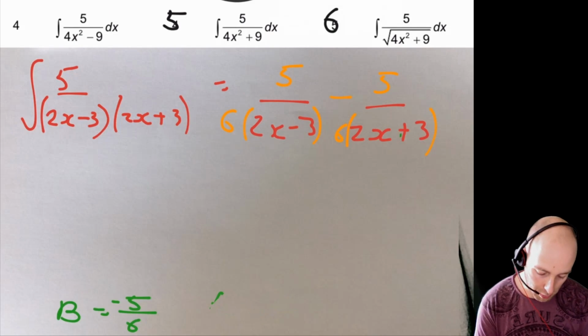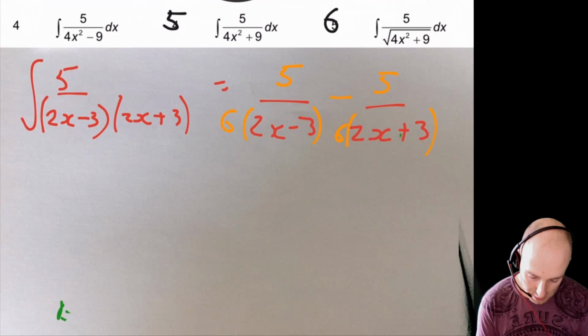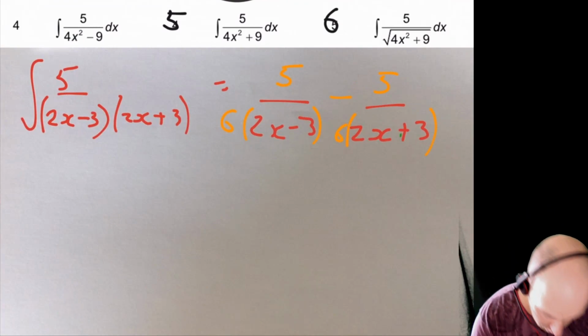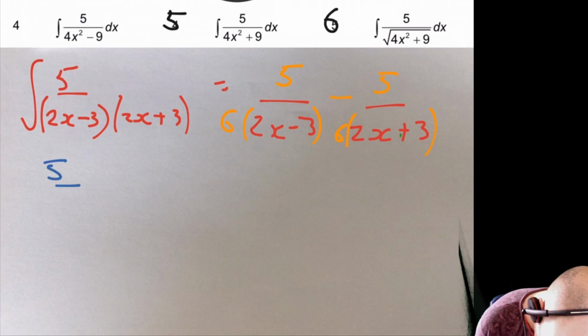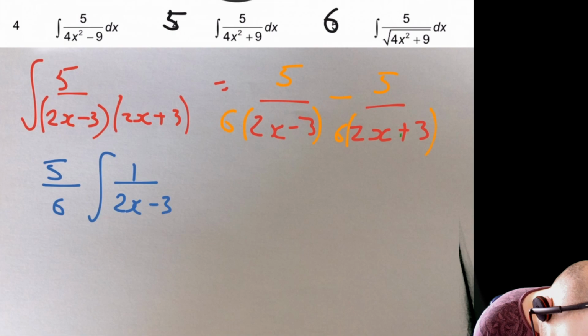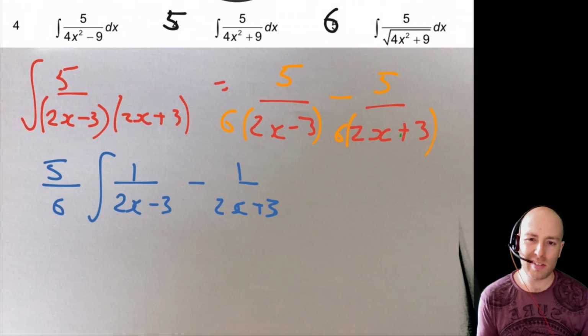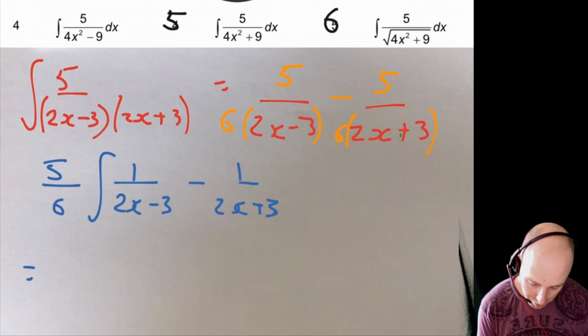I don't think I'm going to bother. I'm going to instead say take 5 over 6 out of the entire integral. So we're going to get 5 over 6, the integral of 1 over 2x take 3 minus 1 over 2x plus 3. I think it makes things a lot easier. We don't have to worry about it till the end.